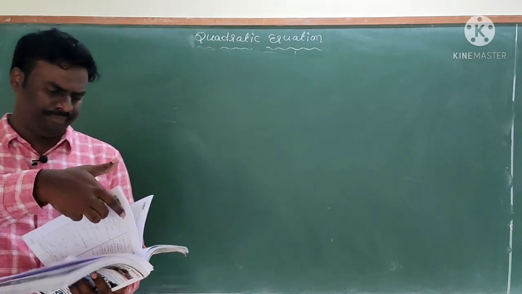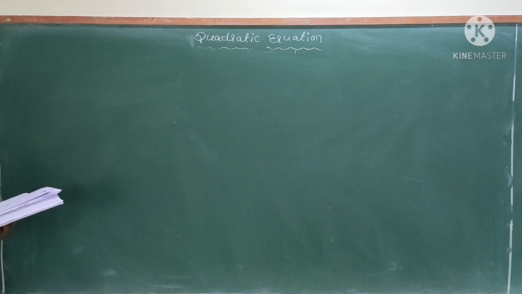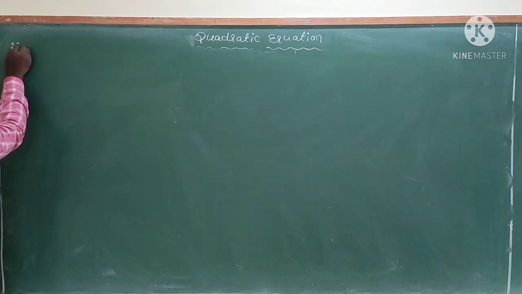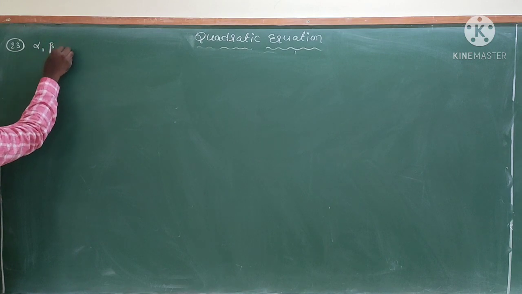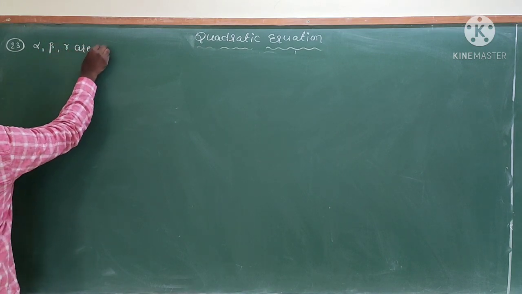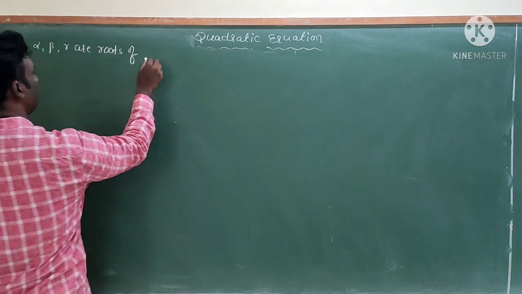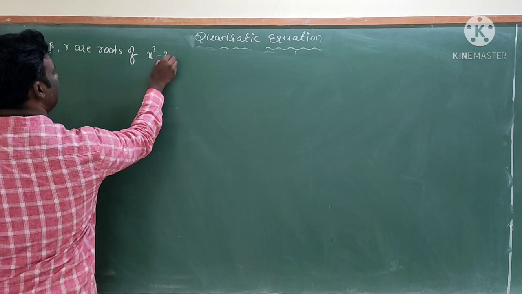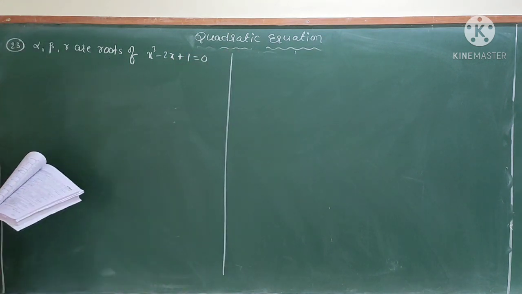Hi students, we already completed 2 questions in this quadratic equation. Next, the third question, question number 23. In question number 23, they are given alpha, beta, gamma are roots of x cube minus 2x plus 1 equals 0.